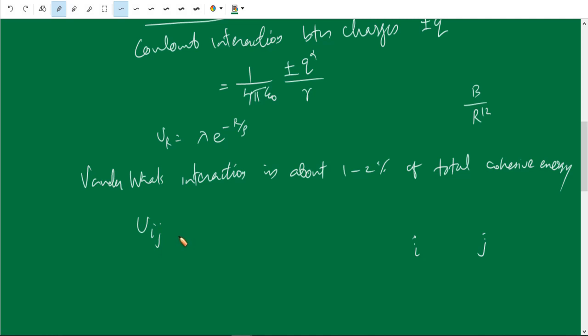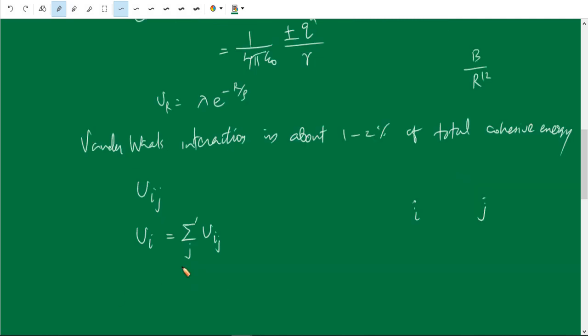Then the total interaction energy of the ith ion, Ui, is equal to the sum over all jth ions of Uij, because there are a large number of ions surrounding this ith ion. So Ui is equal to the summation of Uij.